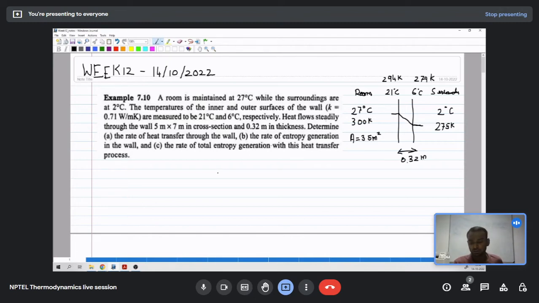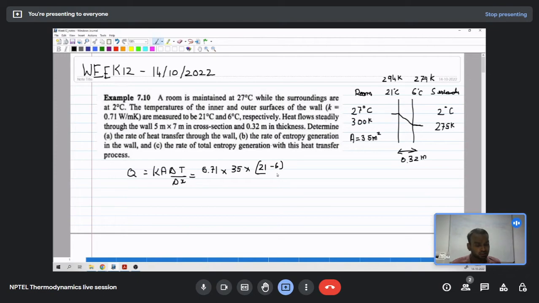Now the first problem is to find the heat transfer. Heat transfer is given by Q is equal to kA into delta T by delta X. Here k is given as 0.71 watt per meter Kelvin, and area is 5 cross 7, which is 35, and delta T is 21 minus 6.